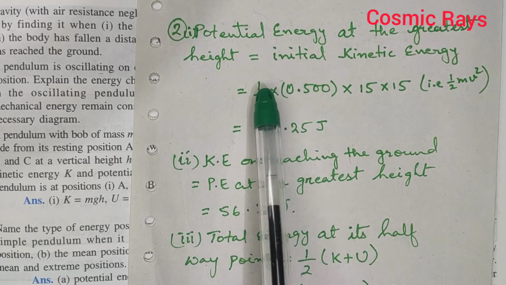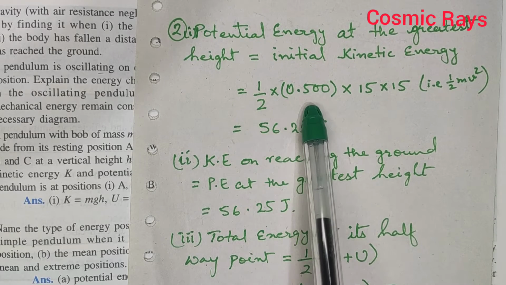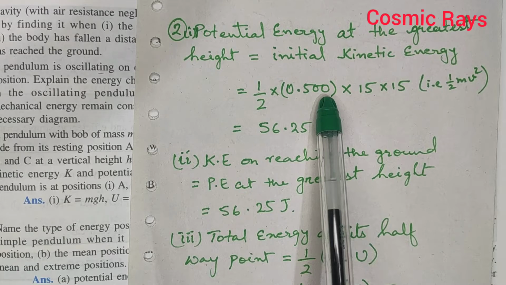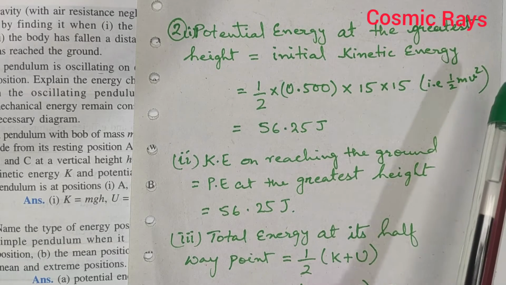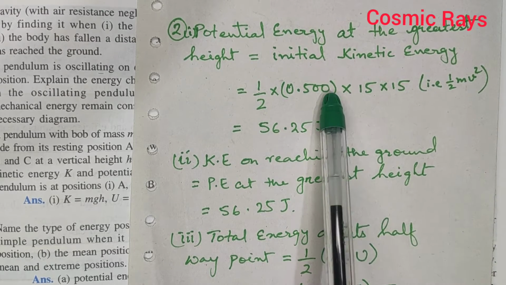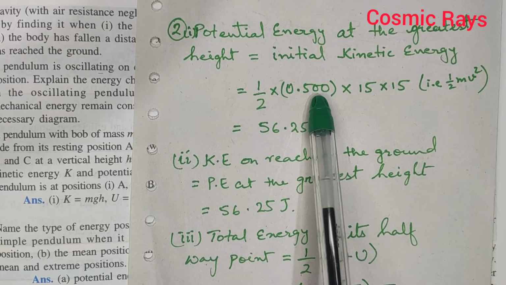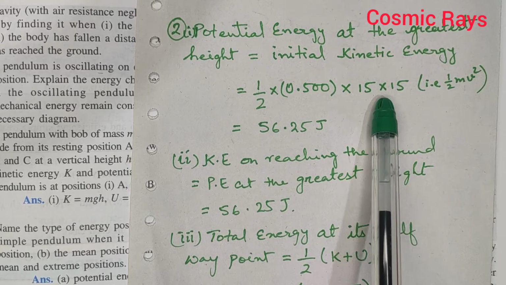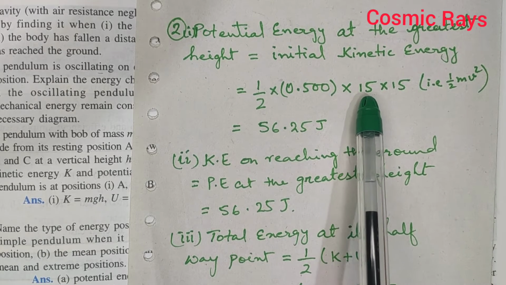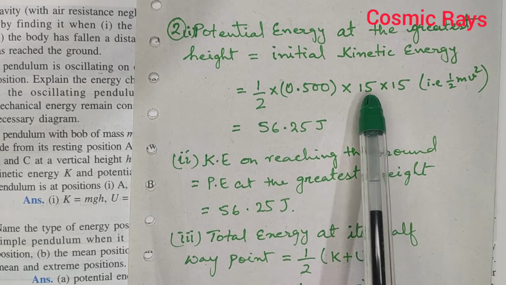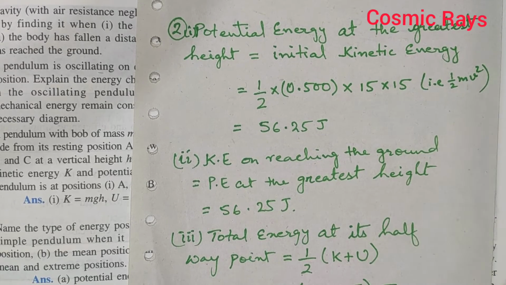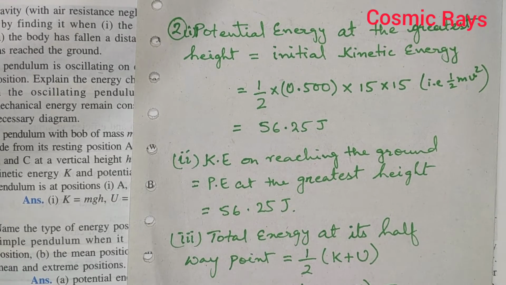So that is equal to half m, mass is 500 gram. When we convert it to kg, we divide it by 1000, so we get 0.500, multiplied by velocity square, that is velocity is given as 15 meter per second, so that is 15 multiplied by 15. After calculation it comes to 56.25 joules.